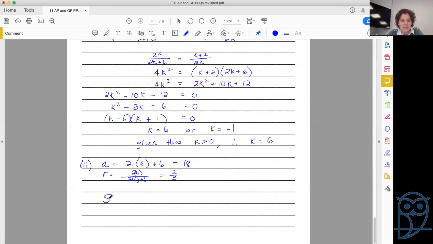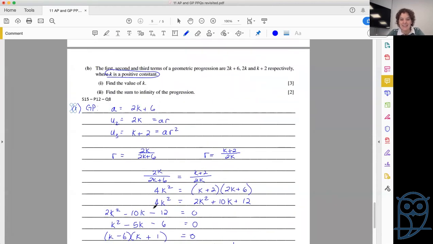Sum to infinity, that wonderful formula that lets us get to the end of everything, is 18 over 1 minus 2/3. So your sum to infinity equals 54. So, a little bit smoother than last time.